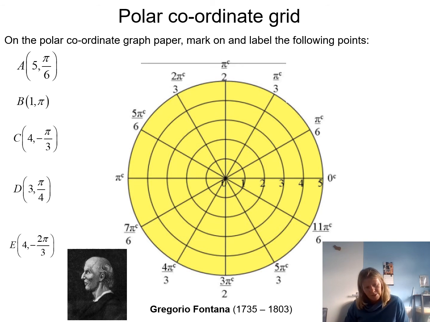And the man that invented this or made it up was called, here we go, Gregorio Fontana. I think he was Italian. There he is. Not much hair. I'm sure he's a very nice man. He lived 1735 to 1803.